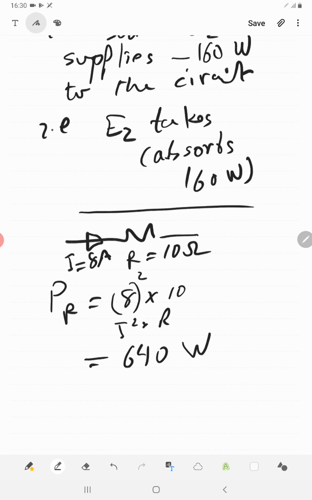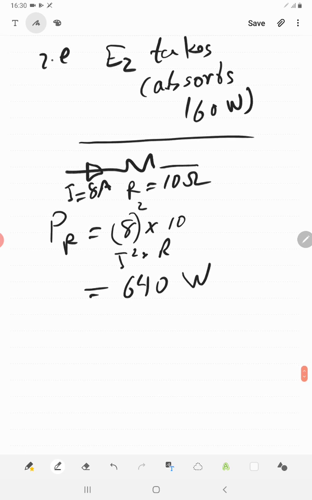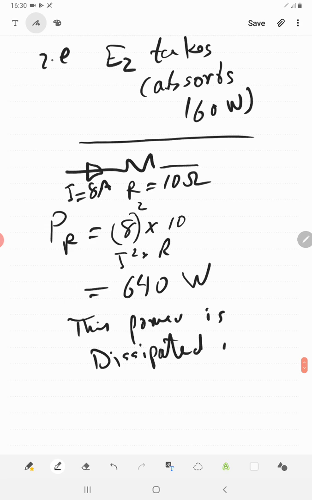Okay, so this power is dissipated in the resistor.